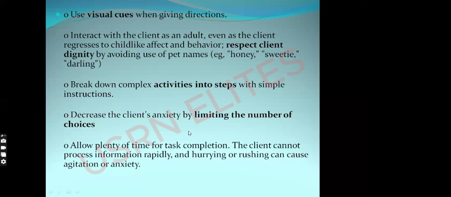Decrease the client's anxiety by limiting the number of choices. We've said this. If you want to give them choices from which they should choose, should be only 2. Let them pick 1. Allow plenty of time for task completion. Let's say if you are feeding patients and you give one spoonful, and if the patient is taking 5 minutes, please wait.